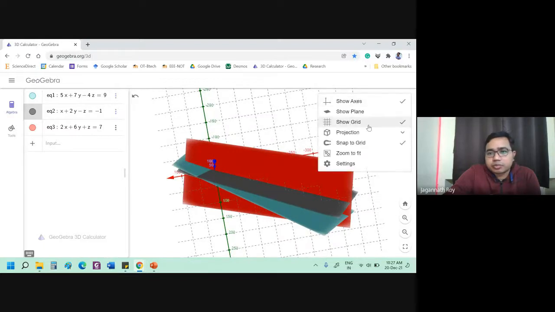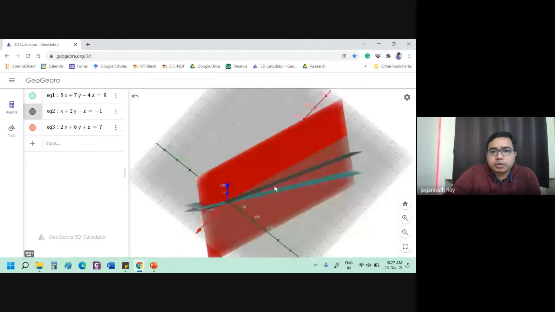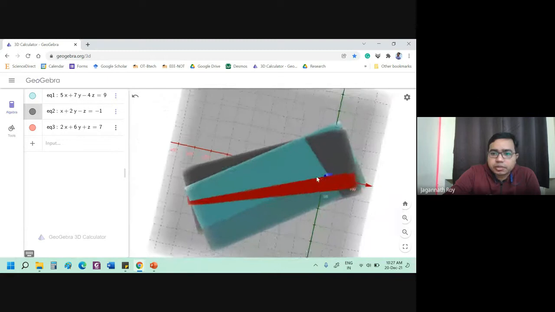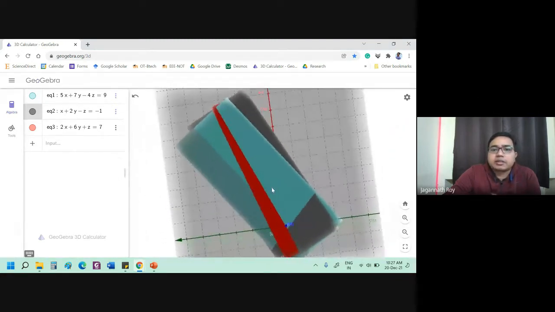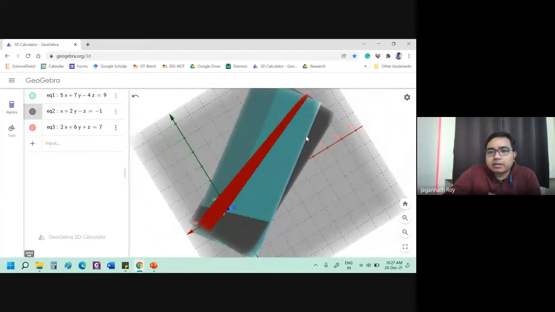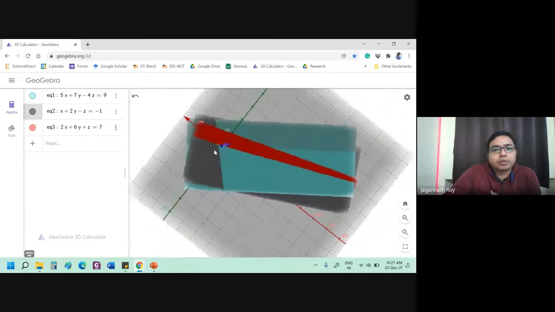If you try to show the plane also, this is from top. Here it is. If you see from bottom, then also you can see that this red plane and the blue plane and the black plane all are intersecting at a single point together.